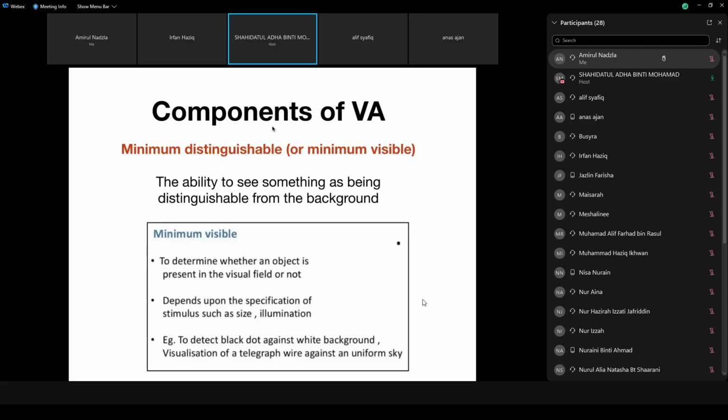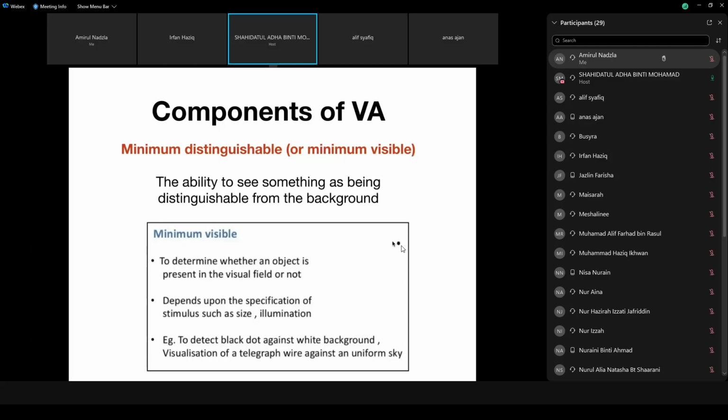The first one is minimum distinguishable, or minimum visible. This is the ability of the eye to see something as being distinguishable from the background. Can you all see the small dots at the side of the box? I made one dot, small dots at the side of the box.